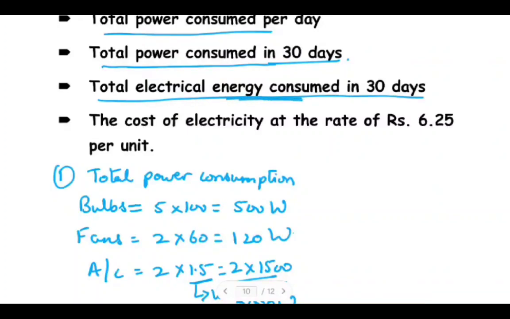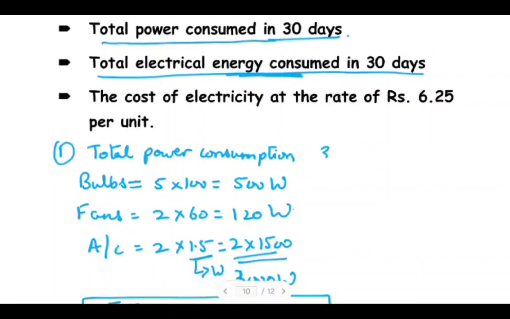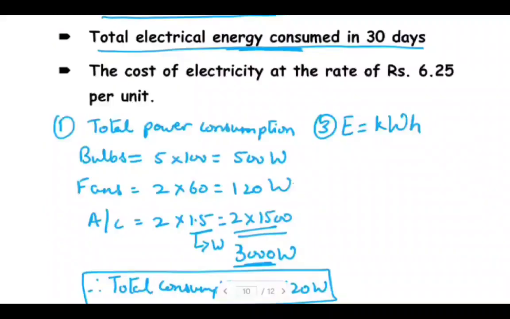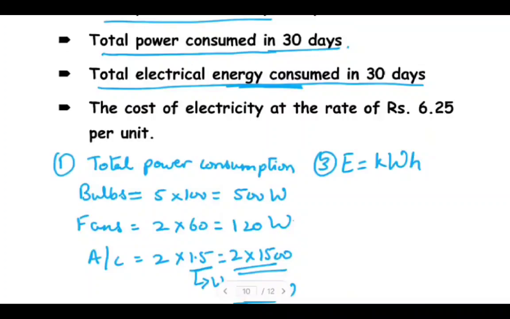Now total electric energy consumed means kilowatt hour. I converted this because you should avoid the zeros. In physics, you will have to avoid the zeros. So kilowatt, how much? 108.6.